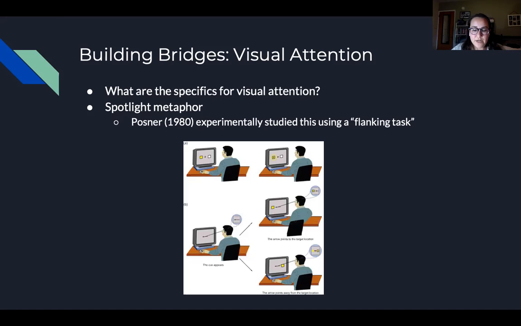But the cueing information isn't always accurate. In Posner's study and in subsequent flanking tasks, this cue was accurate 80% of the time. So 80% of the time, if the cue was on the right side, that also meant the target was going to appear on the right side. But this meant that 20% of the time, the black box appeared on the opposite side of the given cue for the trial.